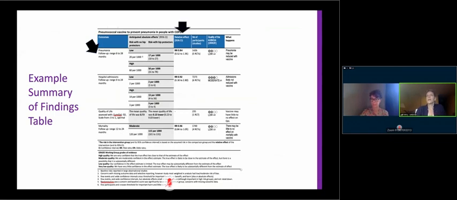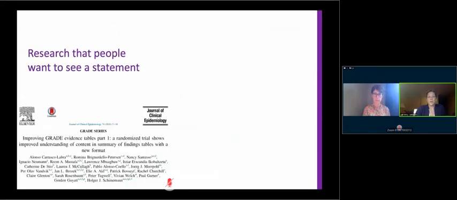We have the effects that we found from the systematic review. And then we also have our certainty of the evidence. And if you've done a Cochrane systematic review, it's a basic summary of findings table. It just makes it easier for decision makers to see what the evidence is for each of your outcomes.